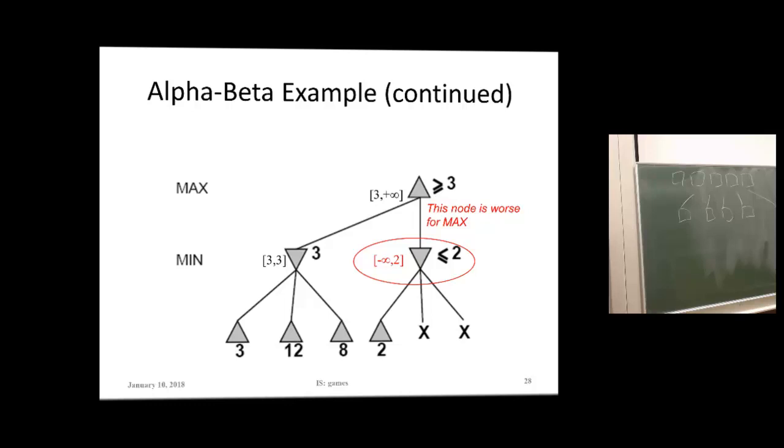This is the crucial point now. Are you with me here? Yeah? Because whatever value I find here must be smaller than a 2 to change anything on the min-max.